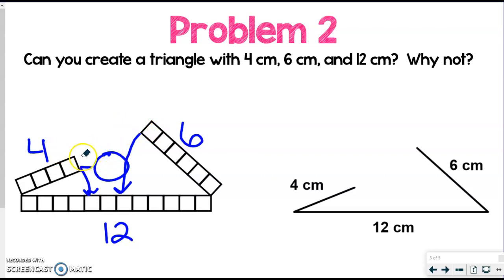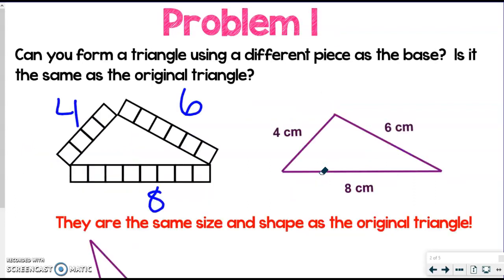They're never going to touch. The 12 is keeping them apart. So these 3 side lengths do not make a triangle. No triangle. They don't meet up. There's always a gap, right? No matter how much we bend those 4 or rotate those 4 and 6, there's always going to be this gap. So these 3 side lengths don't make a triangle the way the last ones did.